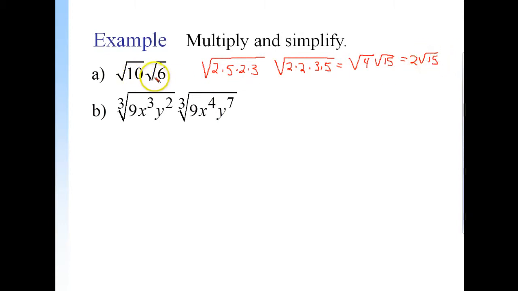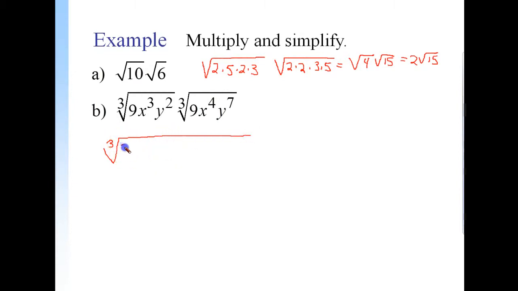So it started off, and again I would have done it maybe a different way, but I wanted to show you what's going on. Now for letter B, let's do what we've done here. So on this first one, we'll put it all under one big radical here.